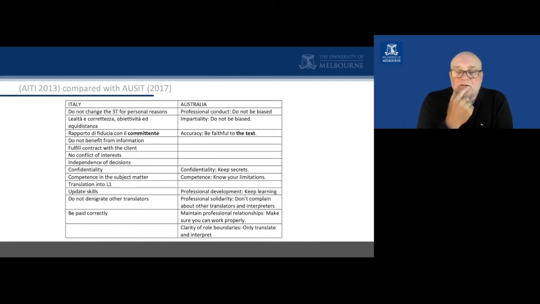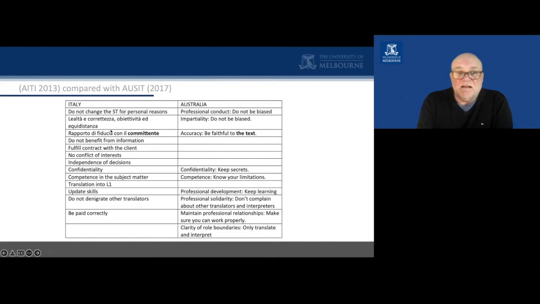Here's one, for example. I actually taught a course on ethics for some Italians last year. And I got the NAATI code and I compared it with the Italian one. And you can just line them up. And you get very interesting things, like, for example, accuracy in Australia is accuracy to the text, right? That's what it says.